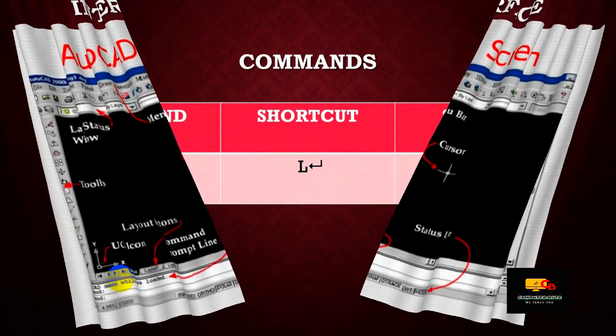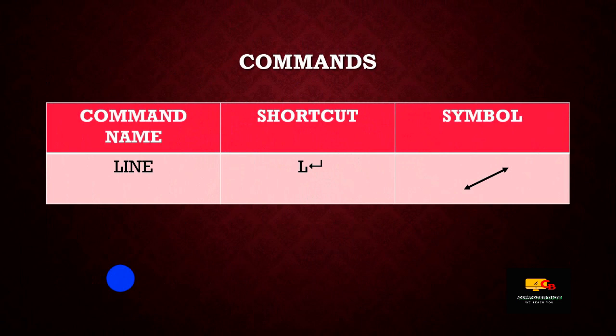In the upcoming videos of Autocad learning series, we will discuss about the commands used in Autocad. In this video I'm going to show you how we will learn commands.